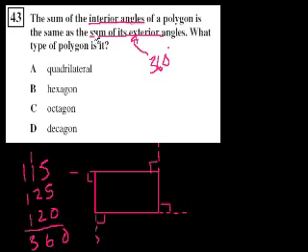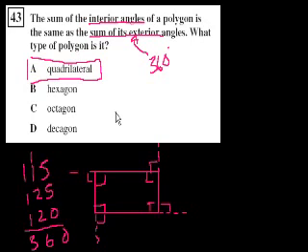So you're essentially asking which polygon's interior angles add up to 360 degrees, and that, of course, is a quadrilateral. My mouth got ahead of me. In a quadrilateral, you have 90, 90, 90, 90. They add up to 360 degrees.